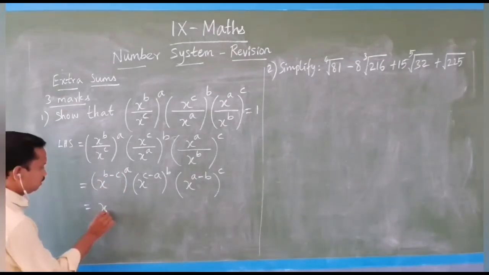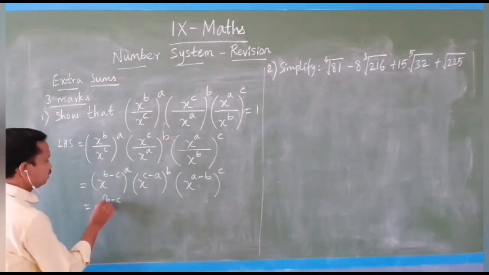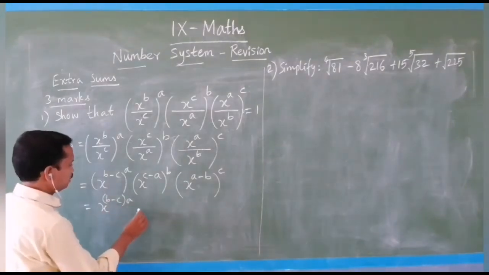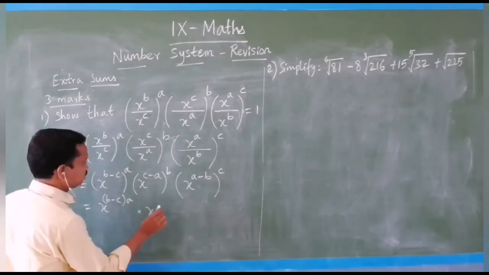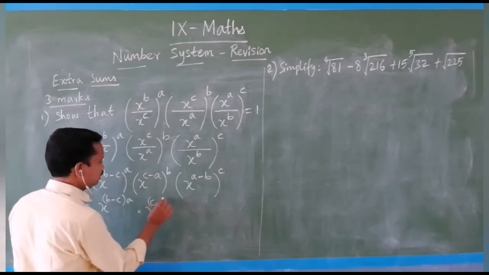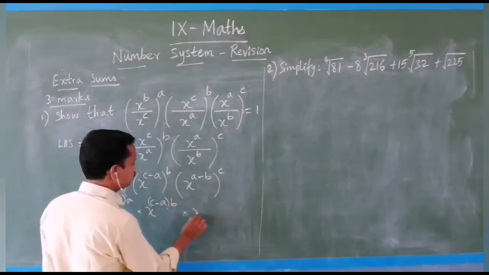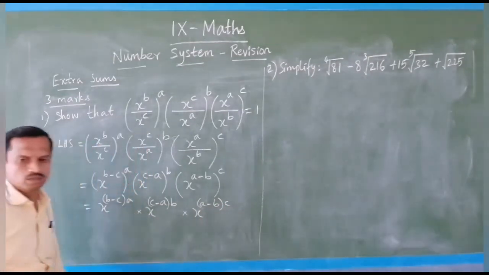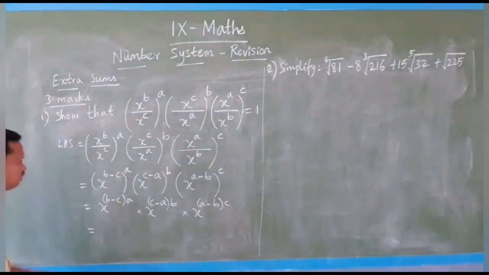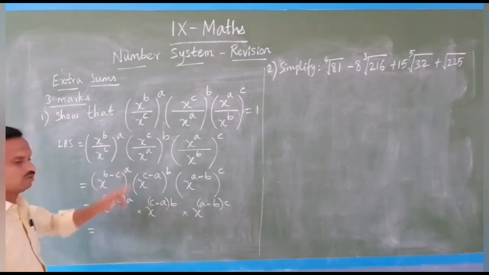So x^((b-c)a), and then here x^((c-a)b) into x^((a-b)c), the power rule, power to the power.